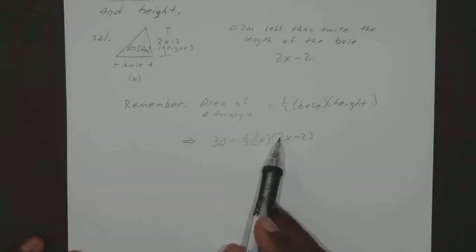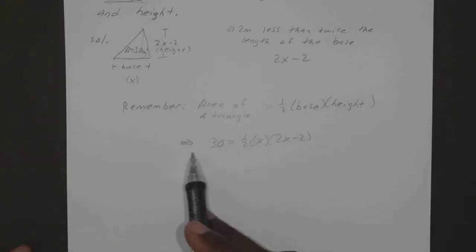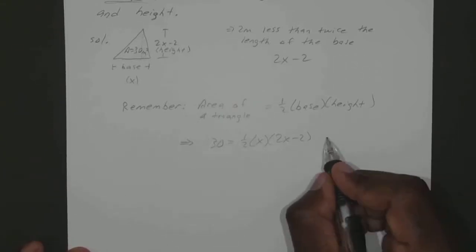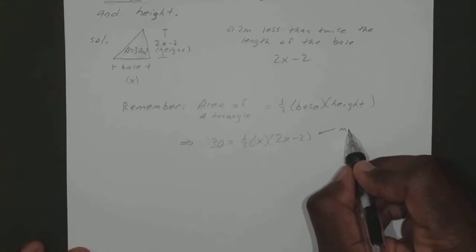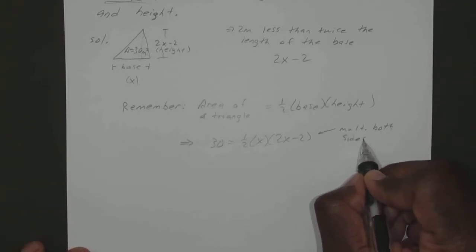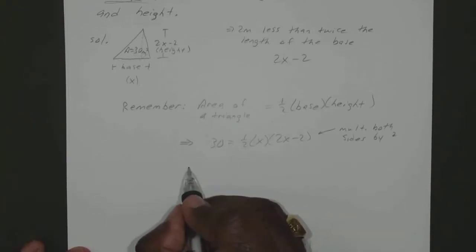So if you want, you can distribute the actual 1/2 x, which would work, or you can multiply both sides by 2 and then distribute the x. Either way would work. So if we multiply both sides by 2, it gets rid of that 1/2.